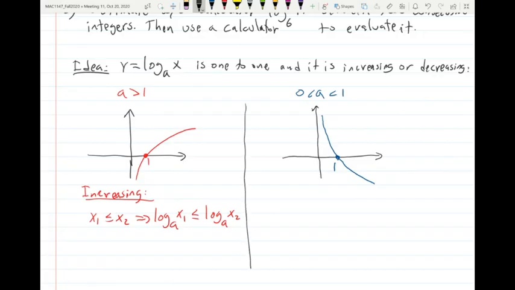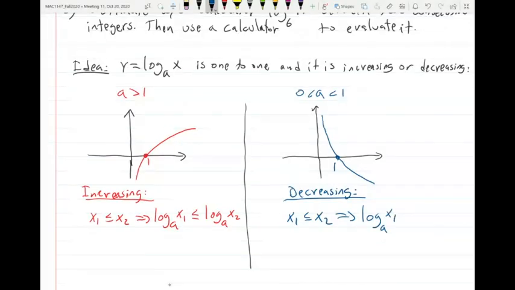That's what it means to be increasing. It respects the inequality. On the other hand, if you had a decreasing case, like here, decreasing means that the graph is going down. Algebraically, if x1 is less than or equal to x2, then what can we say about the logs? This time, as you go from left to right on the x-axis, you go from top to bottom on the y-axis, so your y's are getting smaller.